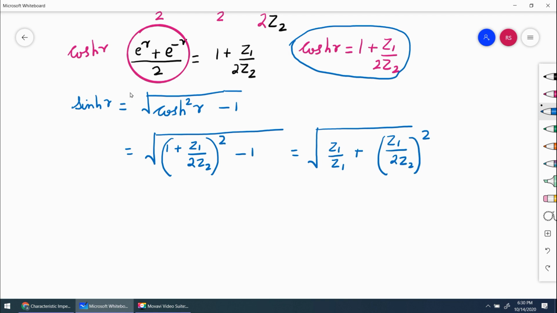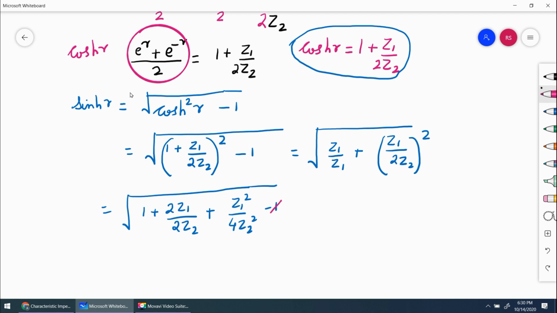Okay, or to be more clear, you can write this to be 1 plus 2z1 by 2z2 plus z1 square by 4z2 square minus 1. Okay, this one and this one will get cancelled, and this 2 and this 2 will get cancelled.